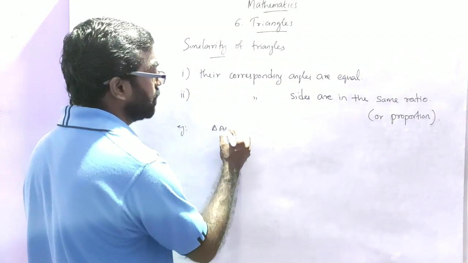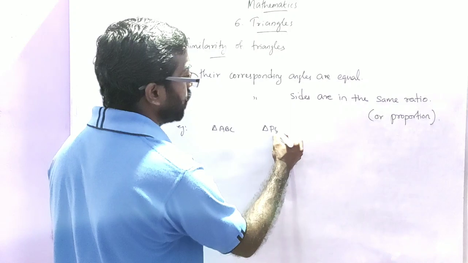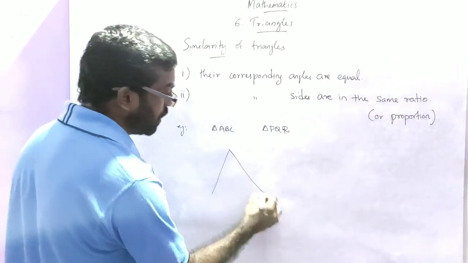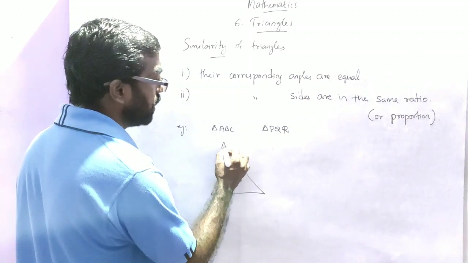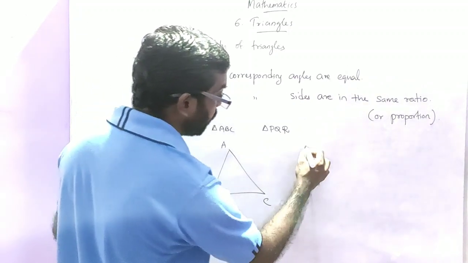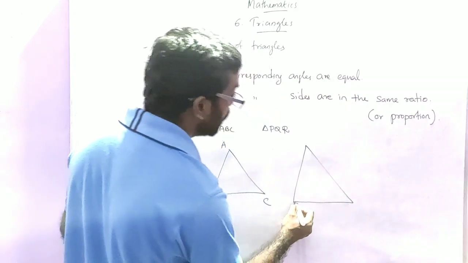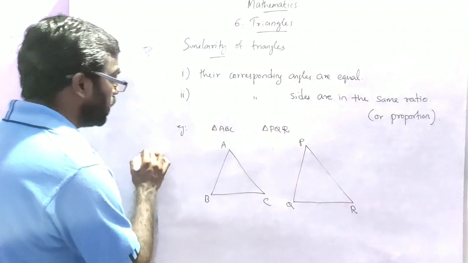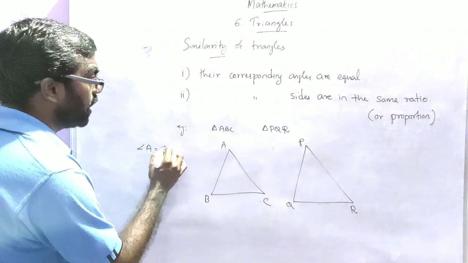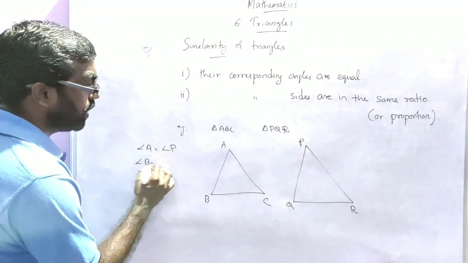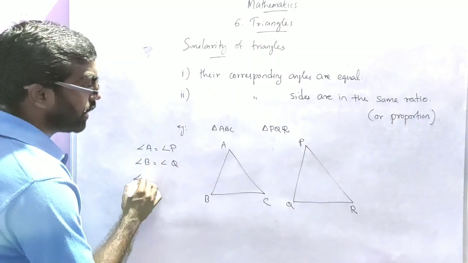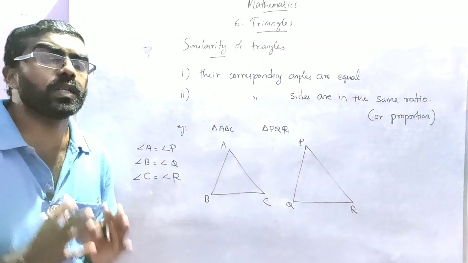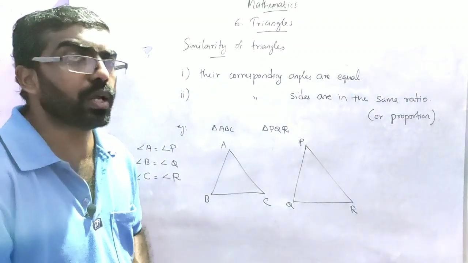Triangle ABC and triangle PQR are said to be similar if their corresponding angles are equal. Now look at the figure. Here, the corresponding angles are: angle A is equal to angle P, angle B is equal to angle Q, and angle C is equal to angle R. The corresponding sides mean sides opposite to equal angles.